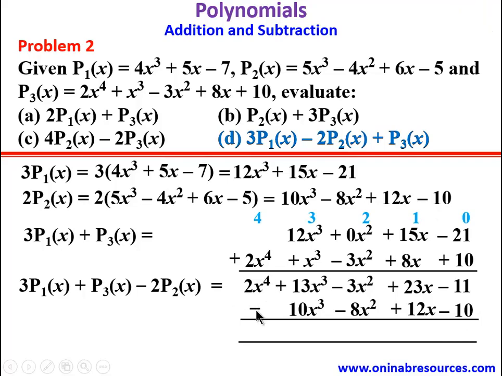Now 2x⁴ is coming down since there's nothing to subtract from it. 13x³ minus 10x³ gives 3x³, minus 3x² minus negative 8x² gives 5x², and 23x minus 12x gives 11x, and we have minus 11 plus 10, which is negative 1. And that's the end of solution to problem 2.